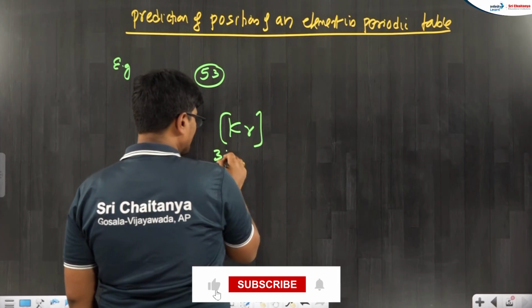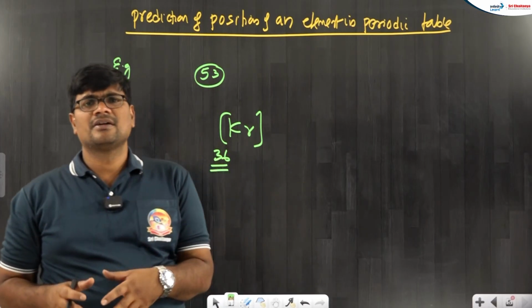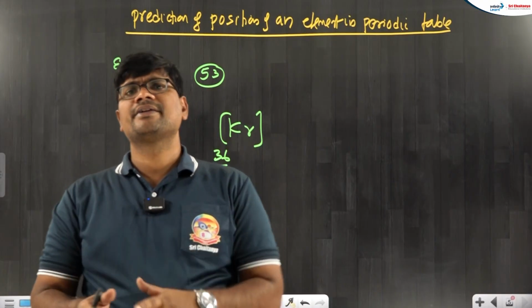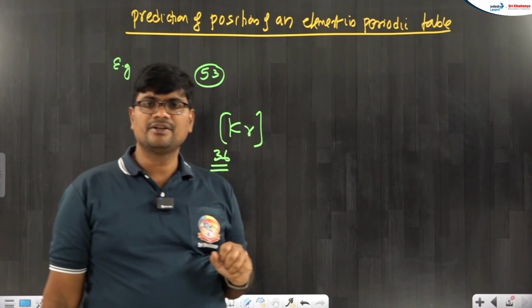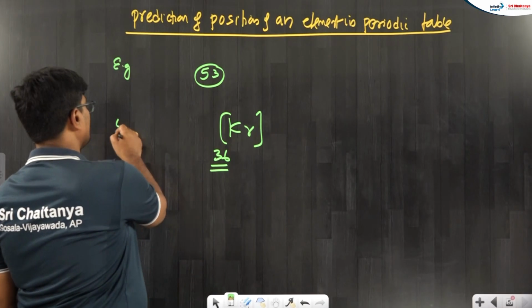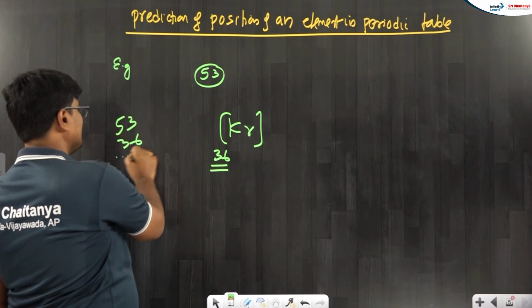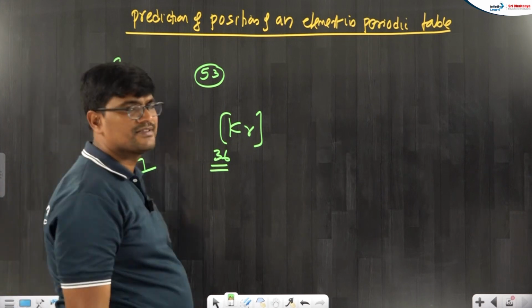That means 36 electrons are already done. Now we need to fill the remaining electrons: 53 minus 36. Still we have 17 electrons remaining.